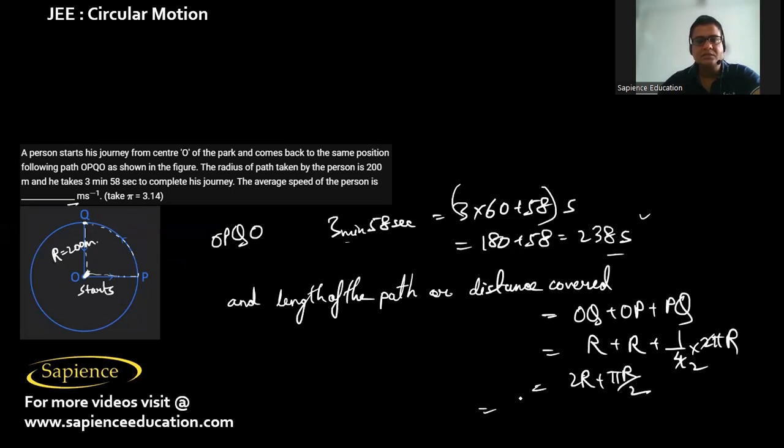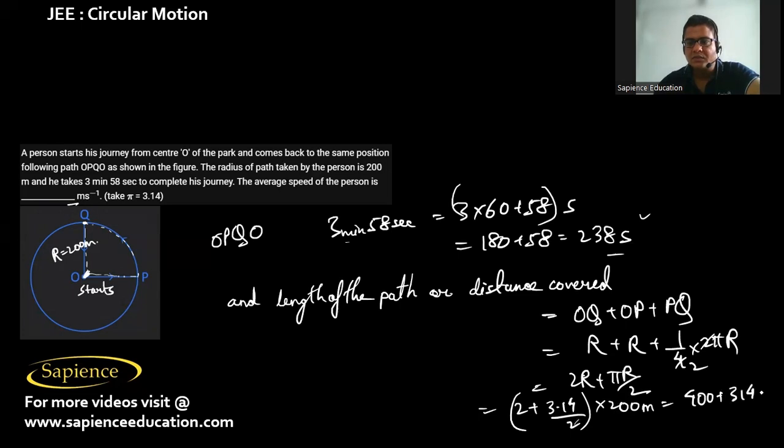And pi we have to take as 3.14. So this will be 2 plus 3.14 by 2, into R. R is equal to 200 meters. So this will be equal to 400 meter plus 100 into 3.14, that is 314 meters. So this will be equal to 714 meters.